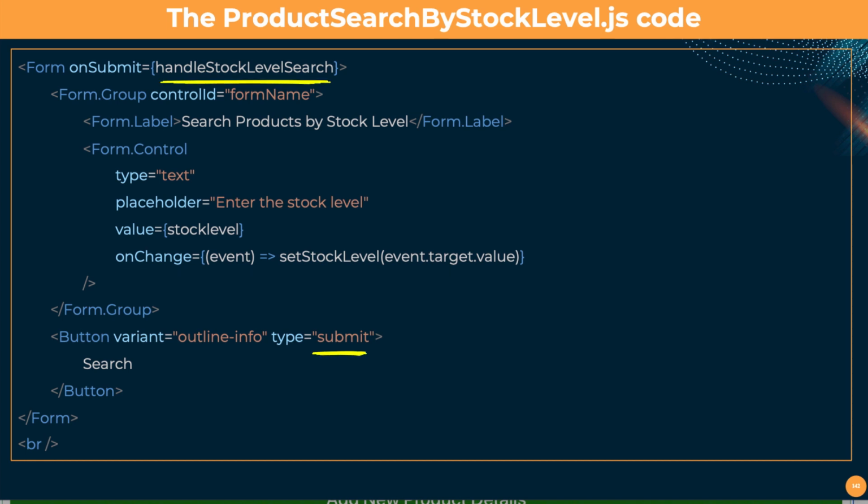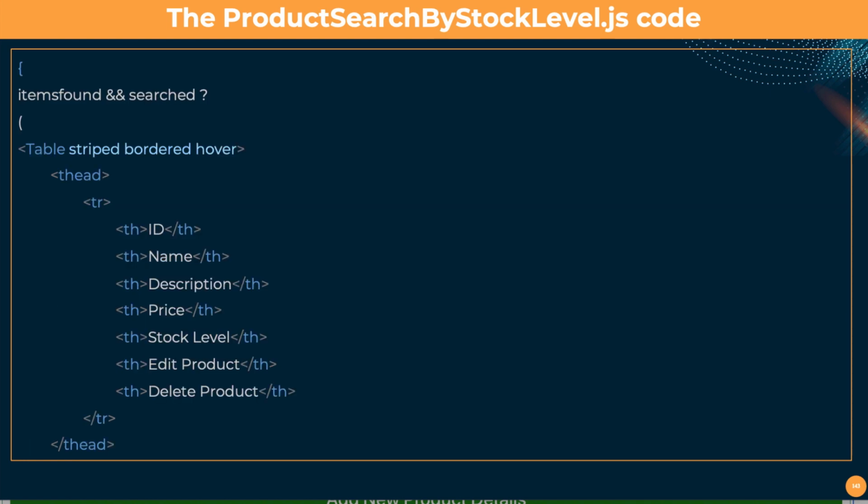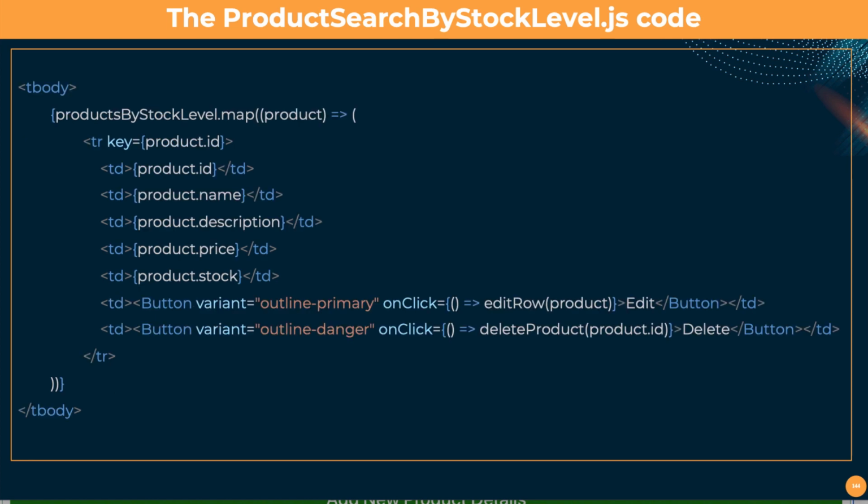When the person clicks on the button, it's a submit button, so it goes to the onSubmit, which says handle the stock level search, goes to the back end and finds greater than or equal to, and we have to create that method yet. It then will display a table as before with our edit and delete words at the top, and then it will do a mapping, and the last two columns will be our edit and delete, same as before.